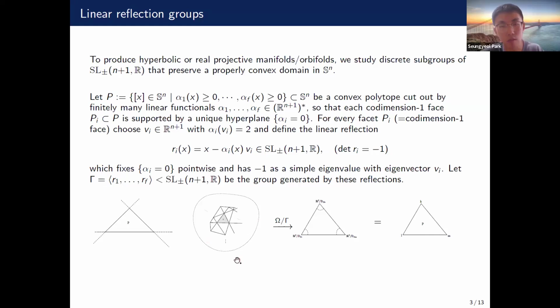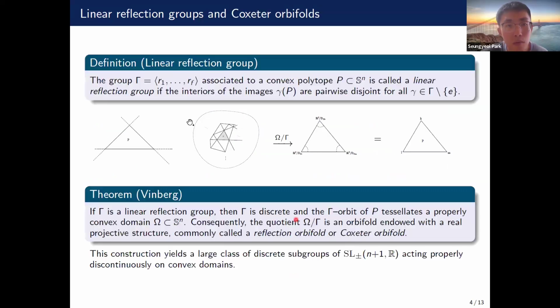In this picture, they do not overlap, but in general, that may not happen. Whenever the images do not overlap with each other, we say that this group gamma generated by those reflections is a linear reflection group.